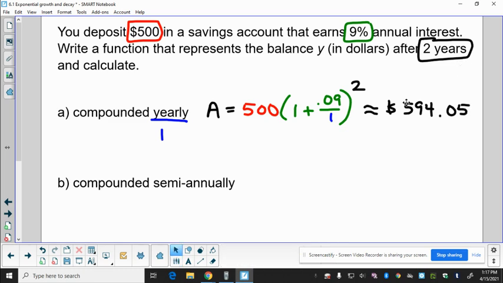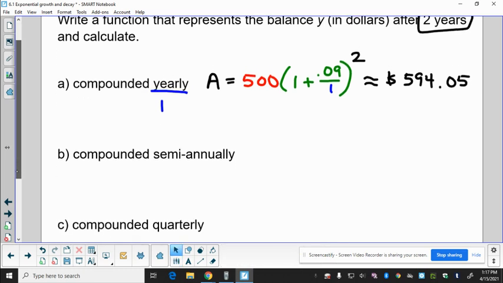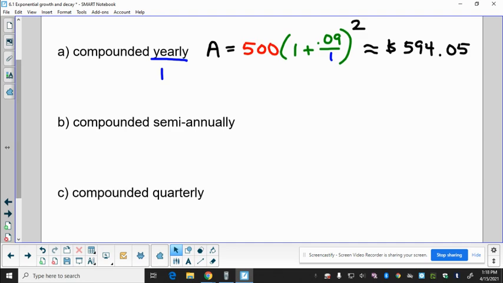All right, let's move on to part B. The only thing that's different is that this is going to be compounded semi-annually. So let's get our formula. It's still $500.